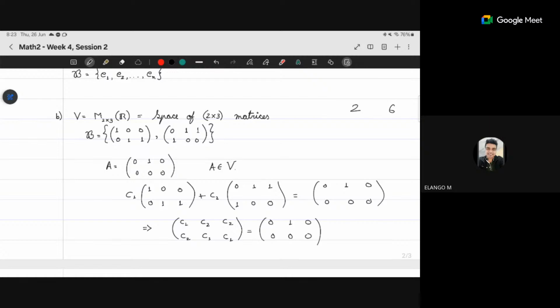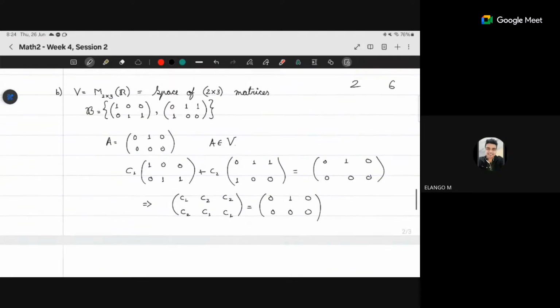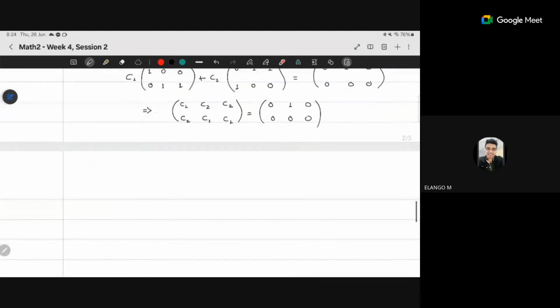You used the wrong matrices. Okay, so can you give a 2-element set which spans the given vector space?